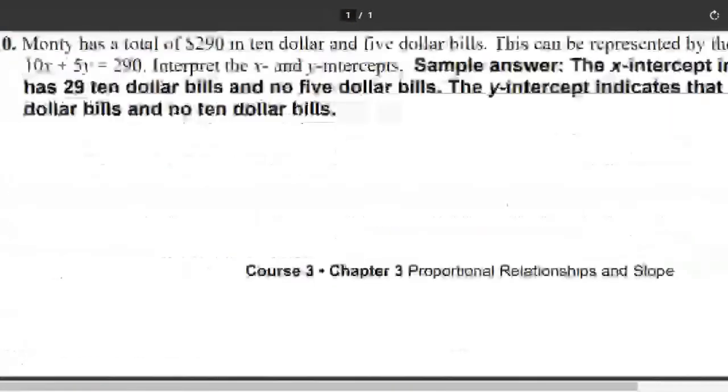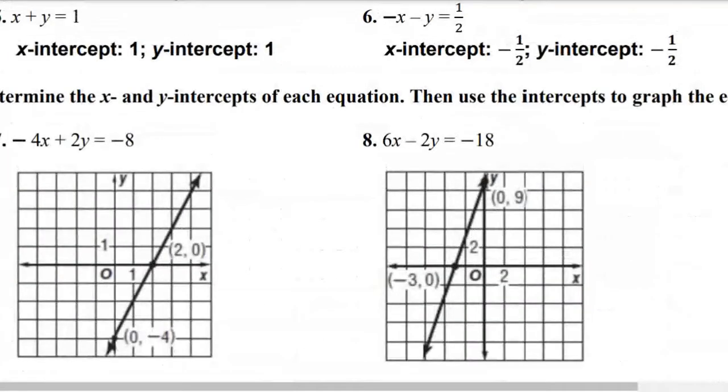So let's look at this. How did they know these were zeros right here when they were graphing? Well, they know because when we plugged in 0 here and we solved for x, we got positive 2. So x is 2 and our y was 0 because we put in 0 for y. Same thing: how did we know that our y was negative 4 and our x was 0?